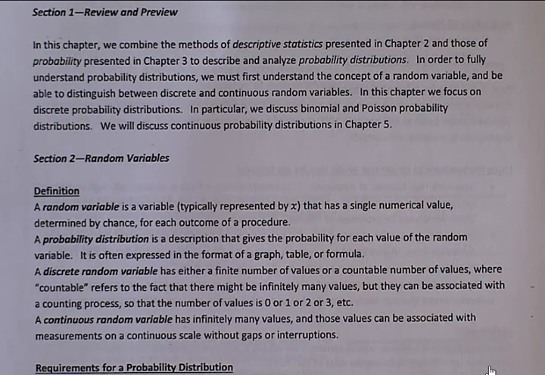What we want to do here in chapter 4 is start to combine those ideas. We want to look at data sets statistically and look at probabilities that are involved and how they relate and what we can do with those. Okay, so what we're going to be looking at in this chapter are different kinds of discrete probability distributions.